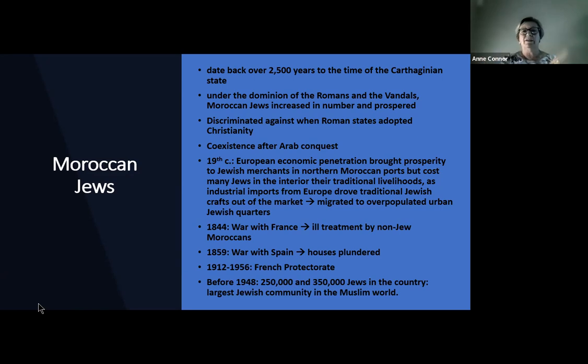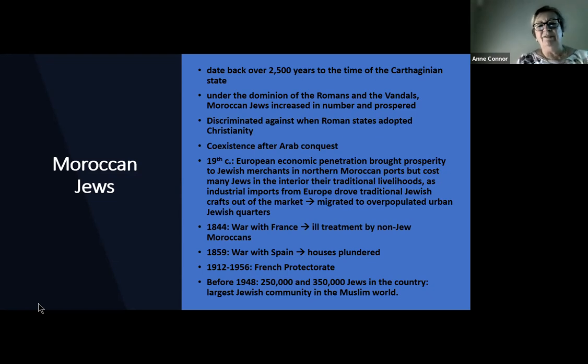And therefore, there was a big migration to overpopulated urban Jewish quarters. There was a war with France in 1844 that resulted in ill treatment by non-Jewish Moroccans. And in 1859, a war with Spain where a lot of the Jewish households were plundered.